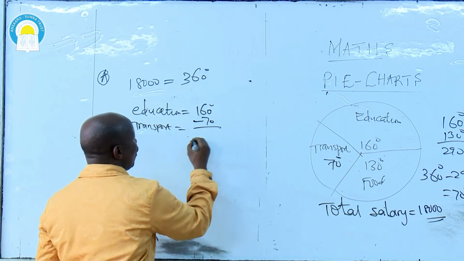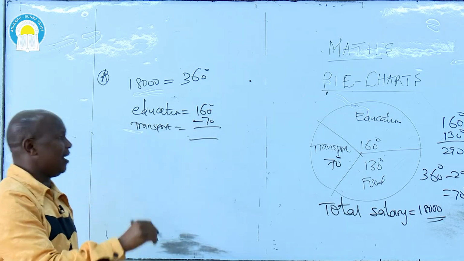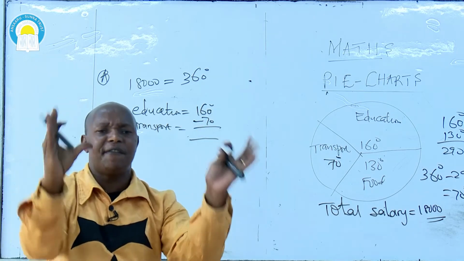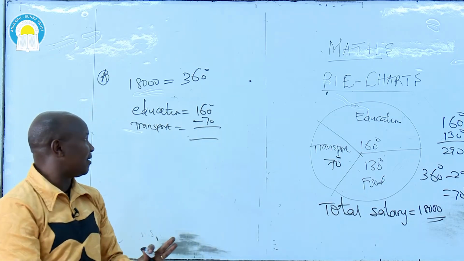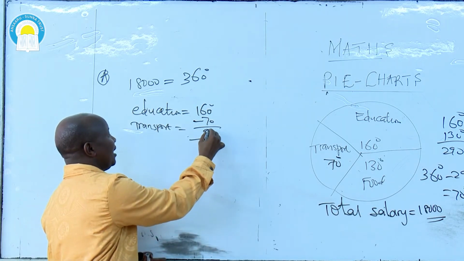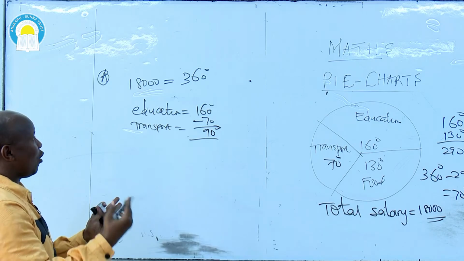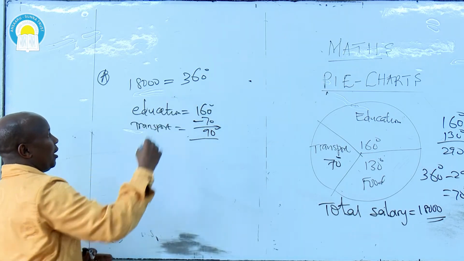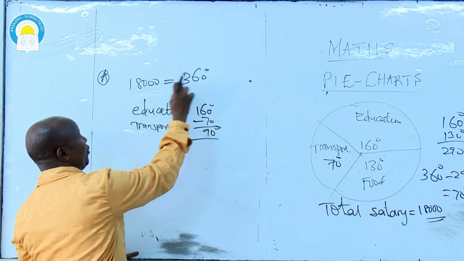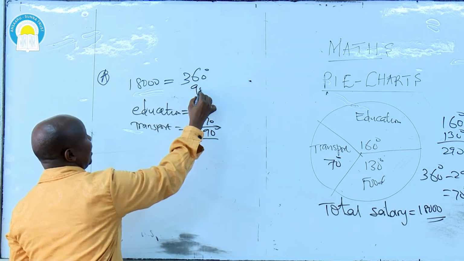So first get the difference in their degrees on education and transport, which is equivalent to 90 degrees. The same stem will guide you. If 18,000 is equal to 360 degrees, what about 90 degrees?